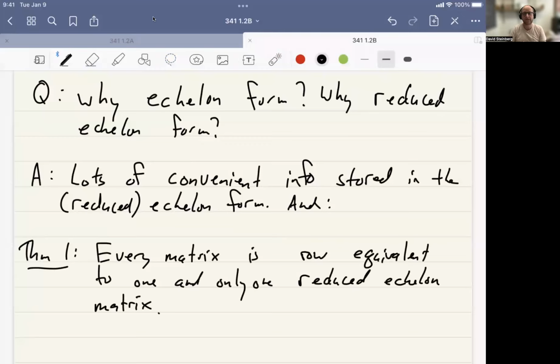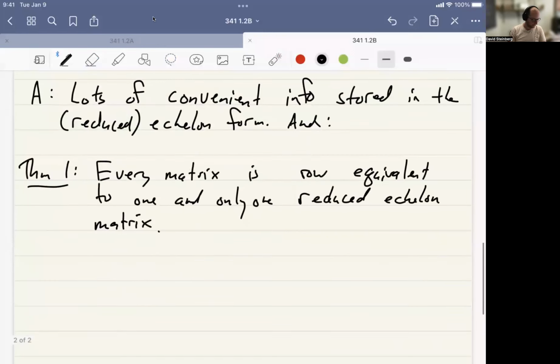So maybe you can think of reduced echelon form as like reducing a fraction. Instead of talking about 5/10, you can say, no, the simplest one is 1/2. And so we have this simplest or most easily understood matrix equivalent to a given matrix. So think, we can reduce 5/10 to 1/2.